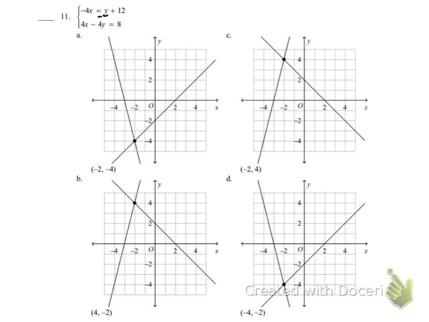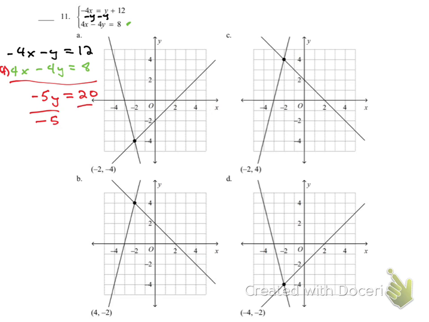So I would subtract y, and make these two equations negative 4x minus y equals 12. And then the second equation, 4x minus 4y equals 8. And then add them to eliminate the x, which would give me negative 5y equals 20. Divide by negative 5. Y would equal negative 4.